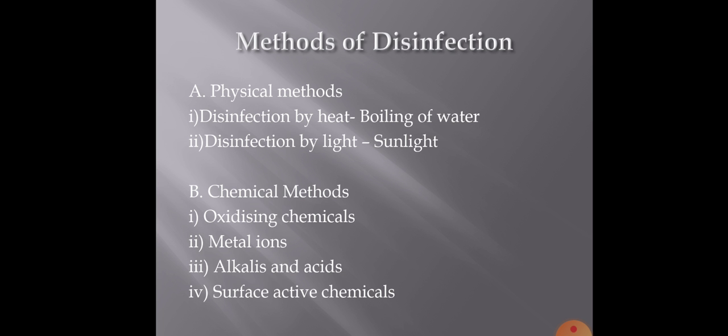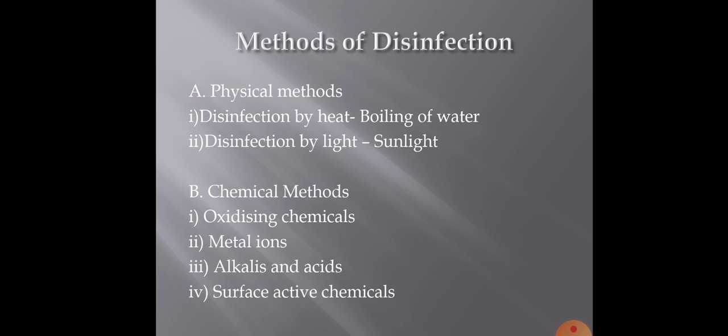Oxidizing chemicals. Oxidizing chemicals comprise the halogens, like chlorine, bromine, iodine, etc., and even ozone is used. Then other oxidants such as potassium permanganate and hydrogen peroxide may also be used. So that is by using oxidizing chemicals. The next process is metal ions.